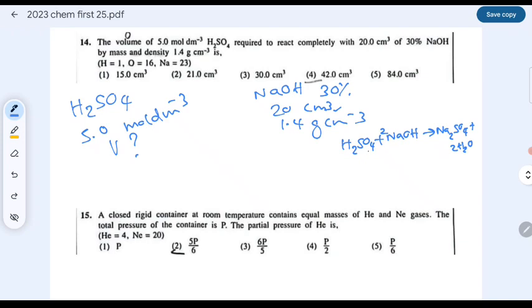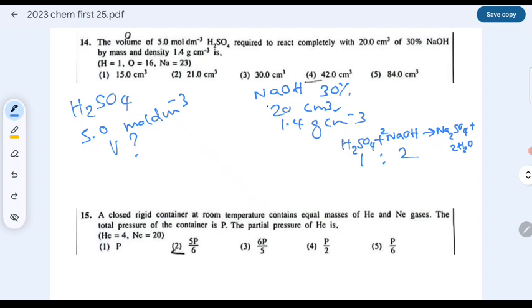The ratio of H2SO4 to sodium hydroxide is 1 to 2, which means 2 moles of sodium hydroxide react with 1 mole of H2SO4. Okay. Now let's see the number of moles of sodium hydroxide.